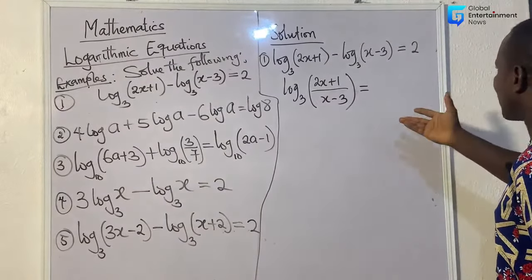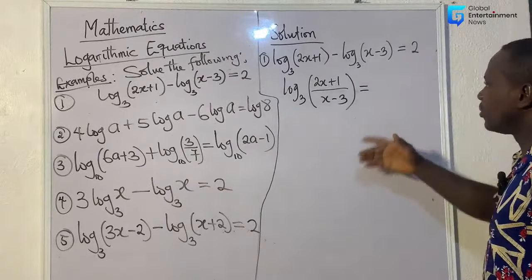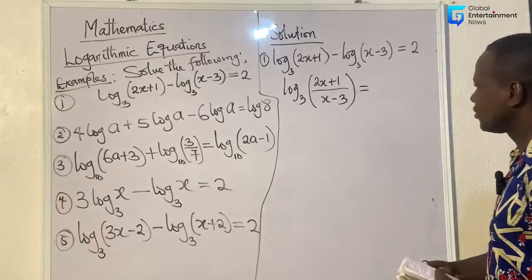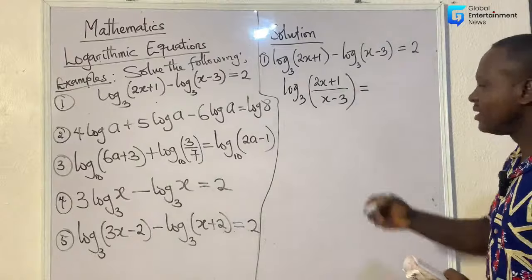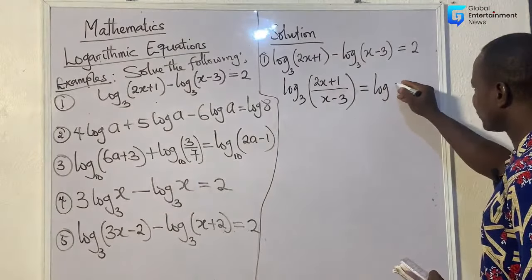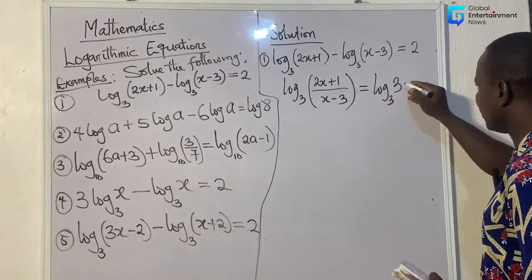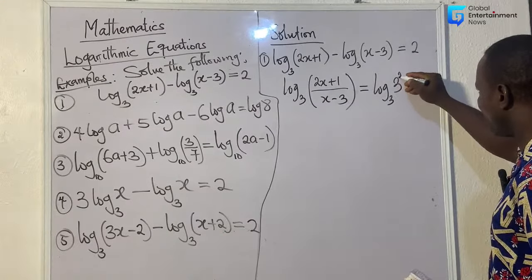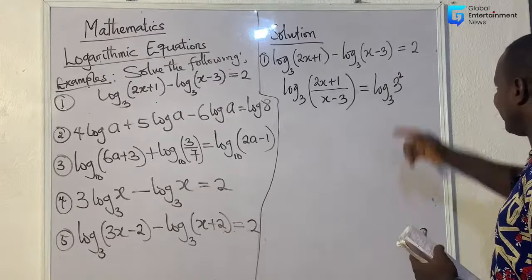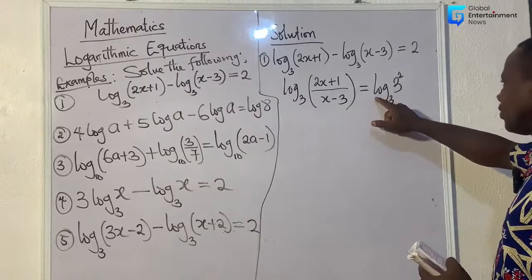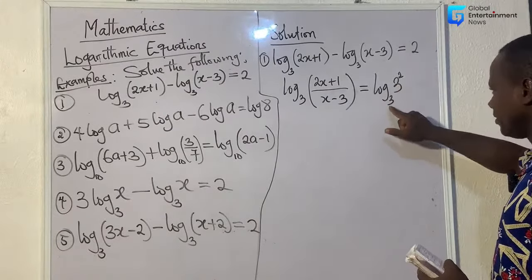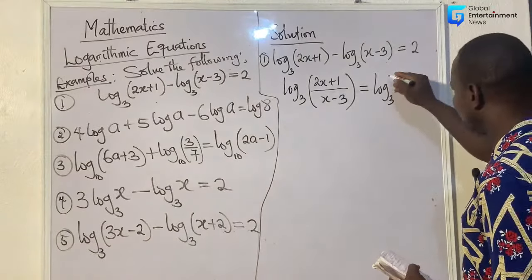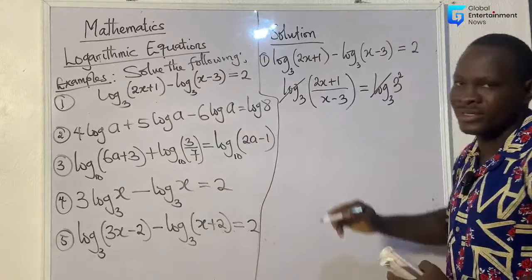That means if you want to convert these, you must convert them into base 3. Now let's convert into base 3. That gives me log 3 base 3, and the log is raised to power 2. If it is 3 that is here, it's still going to give log 3 raised to power 3 base 3. So the log will cancel the log here.